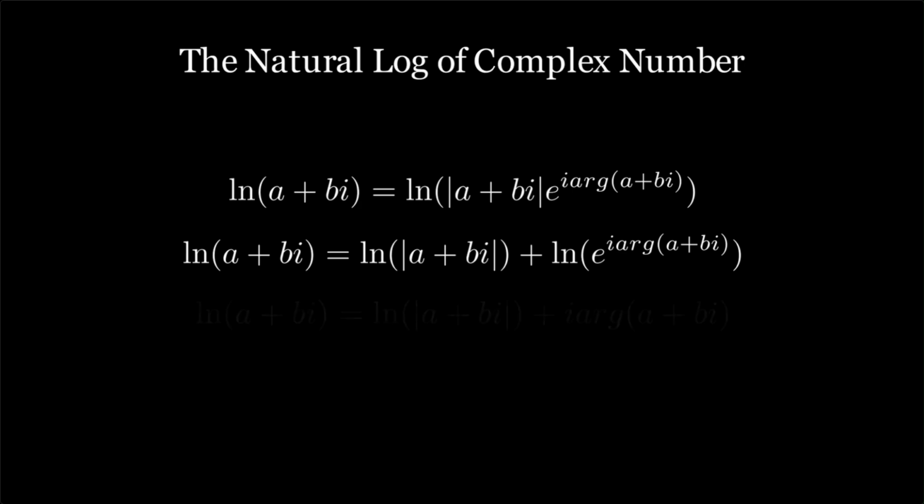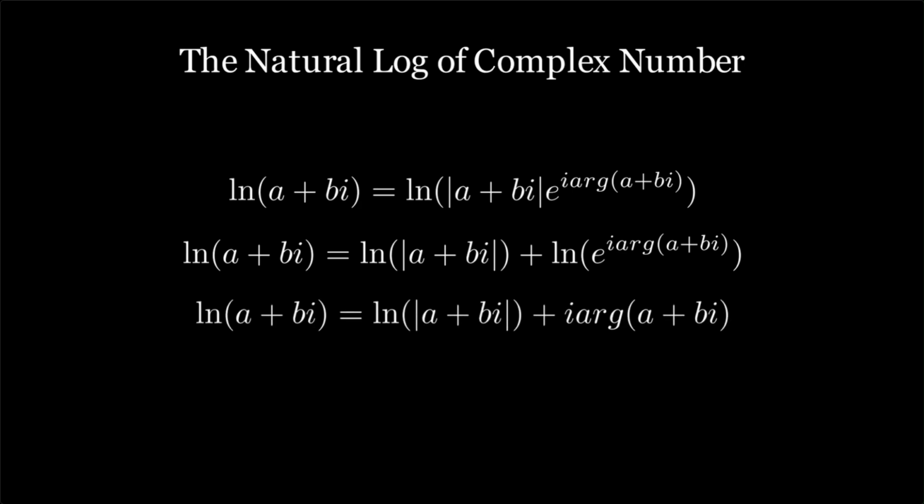Now we can complete the natural log, because taking the natural log of e to some power just yields that exact power, since natural log is the logarithm base e. So the natural log of a plus bi is equal to the natural log of the magnitude of a plus bi, plus i times the argument of a plus bi.